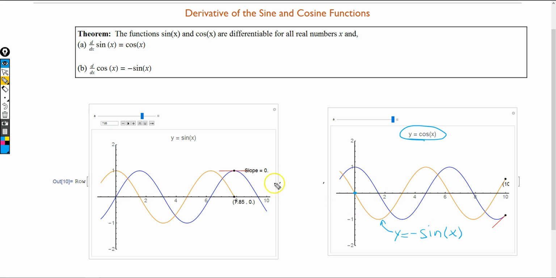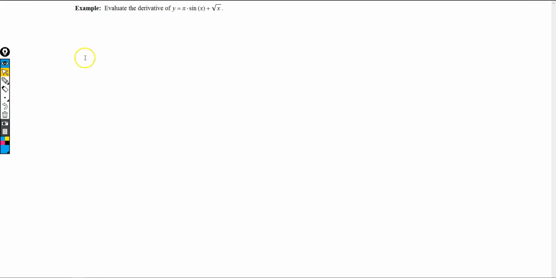All right, let's take a look at some examples. So let's evaluate the derivative of y equals pi times the sine of x plus the square root of x.